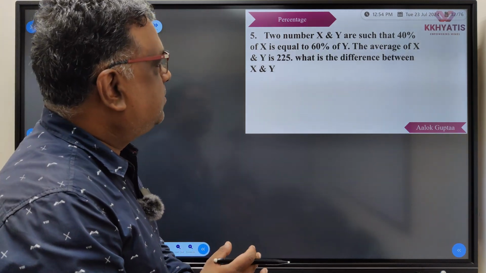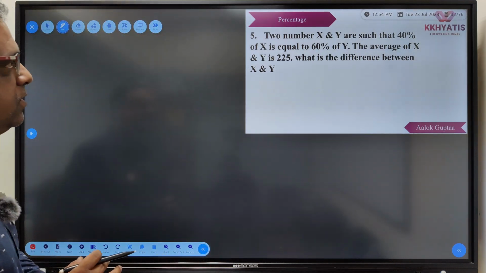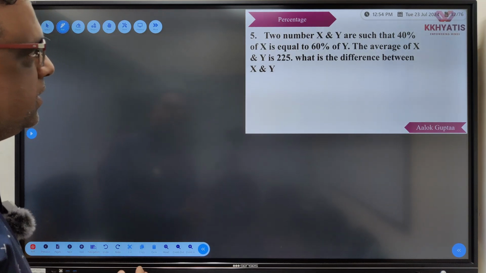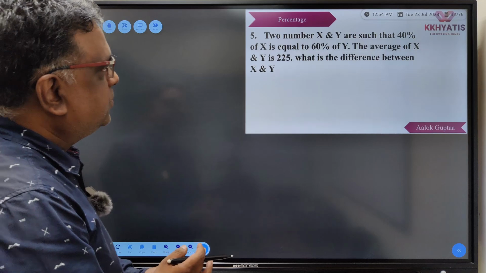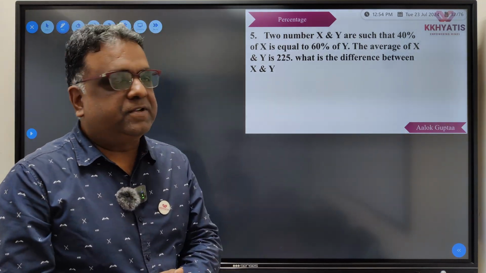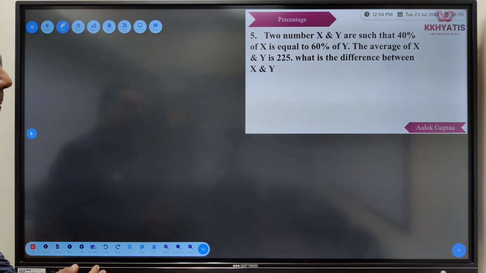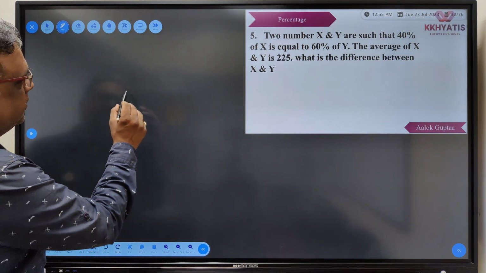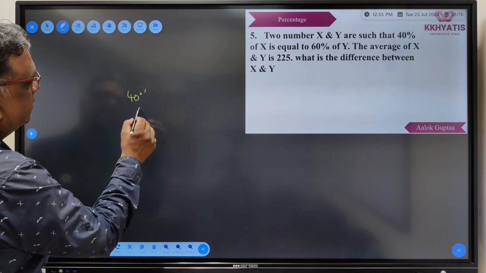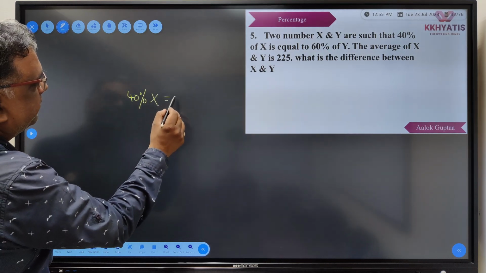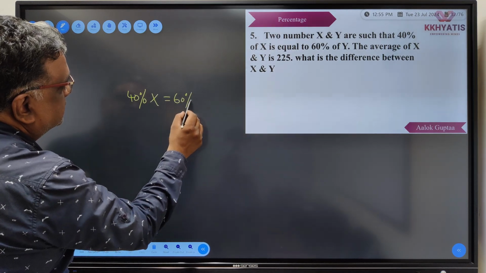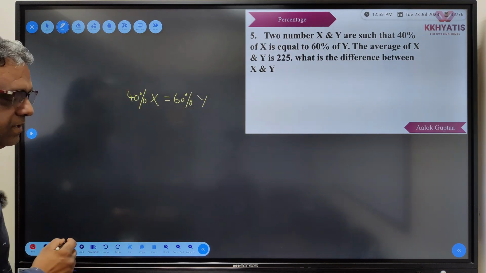The numbers x and y are such that 40% of x is equal to 60% of y. The average of x and y is 225. What is the difference between x and y? So I have been given 40% of x is equal to 60% of y, right?